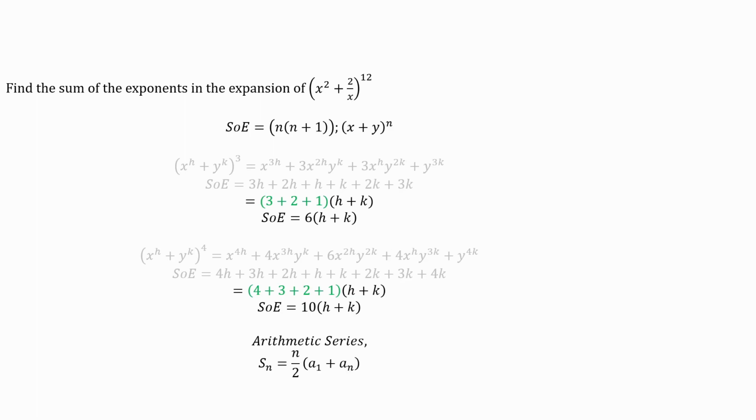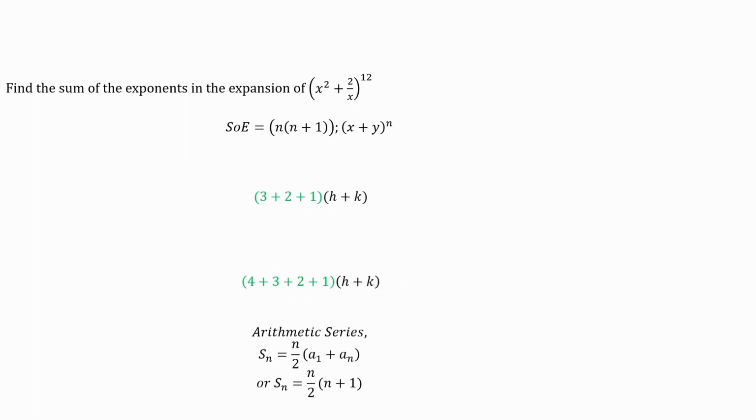Or parang arithmetic series. So ito yung formula para dun sa arithmetic series. So n over 2 times first term plus yung last term. Pero dito yung first term natin, yung n, kapag raised to 3, yung 3. Kapag raised to 4, yung 4. So n, and then yung last term is yung 1.